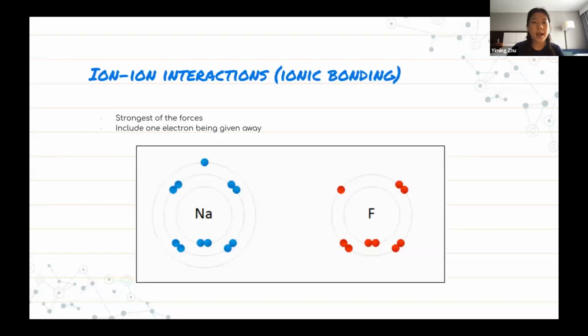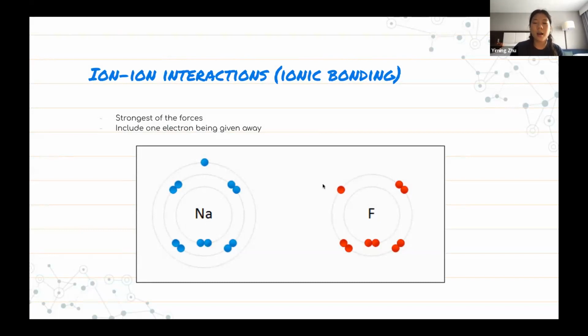So next, these are ion-ion interactions, or ionic bonding. These are the strongest of the forces, and they include one electron being given away. So for example, over here we have sodium and fluorine. As you can see, talking about the valence electrons, the sodium only has one valence electron, while the fluorine has 7.